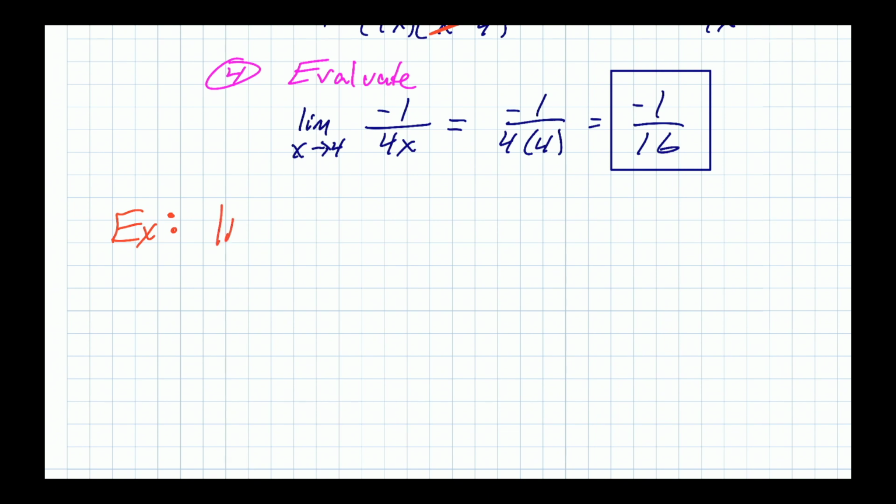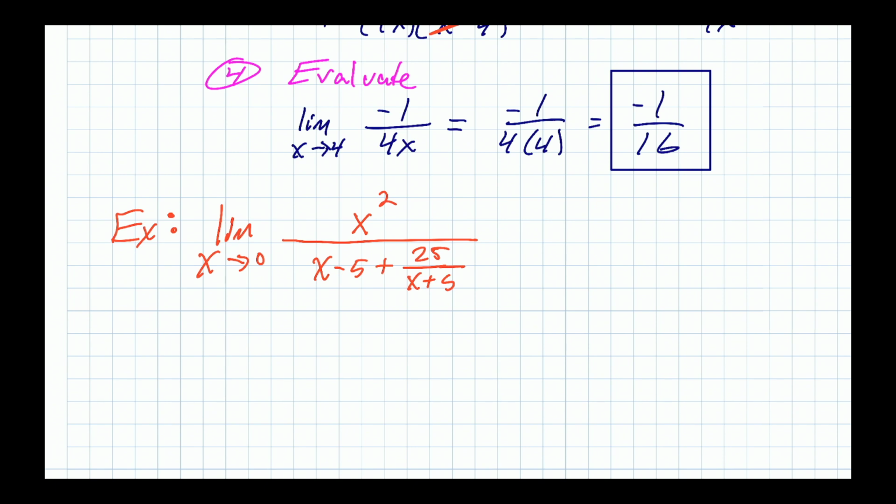We've got a limit as x goes to 0 of x squared over x minus 5 plus 25 over x plus 5. First of all, what type is this? You should recognize it as a fraction type.